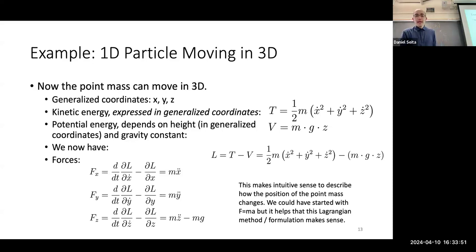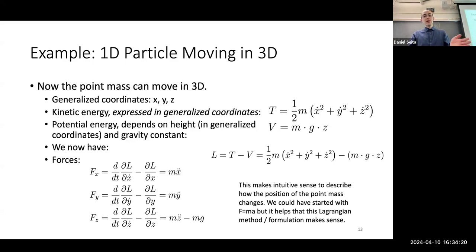So imagine that we have a particle that's moving in 3D. You have a single point mass, it can move anywhere in 3D, and we can apply some force vector on it. Now, whenever we do the Lagrangian analysis, we have to decide what generalized coordinates we're using.